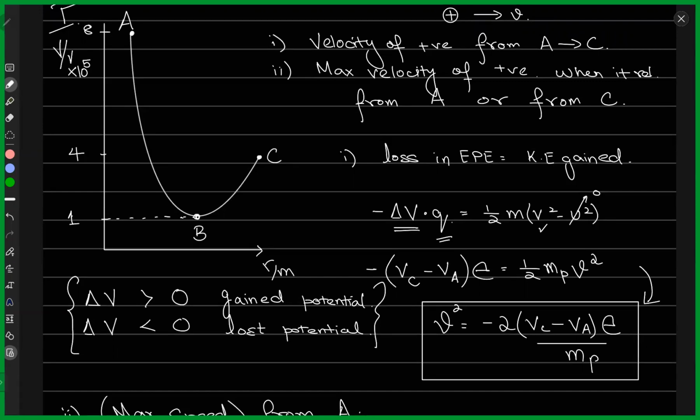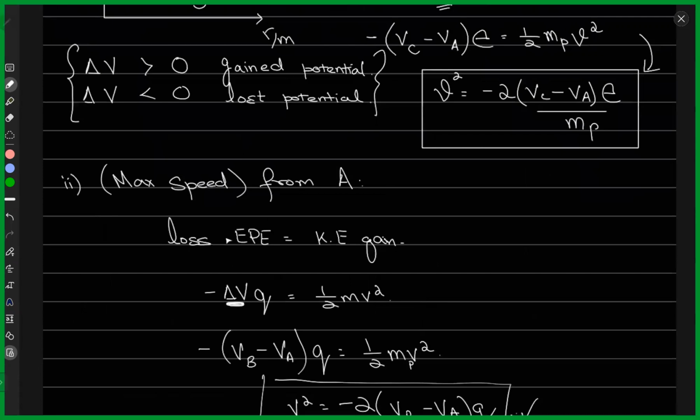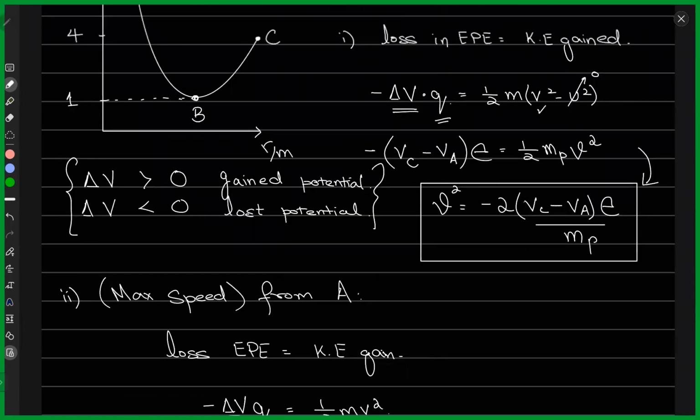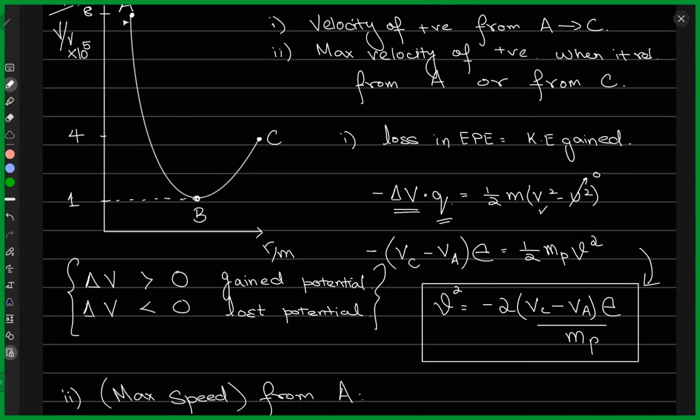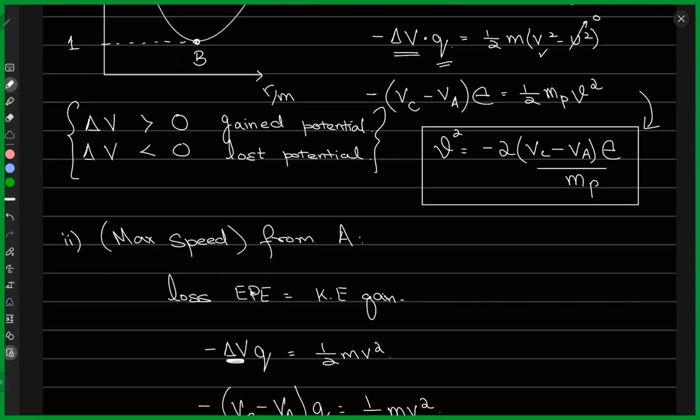We have the loss in electrical potential energy, because it was standing at a point where it had more potential energy and came to a lower potential, meaning it lost electrical potential energy. As it did that, it converted that energy into its motion, meaning its kinetic energy.